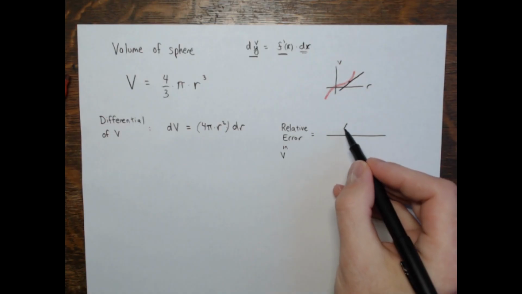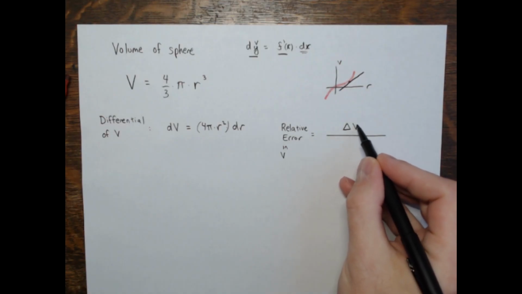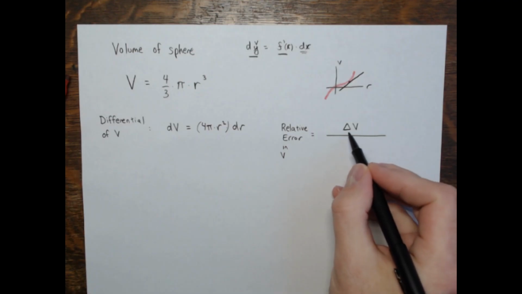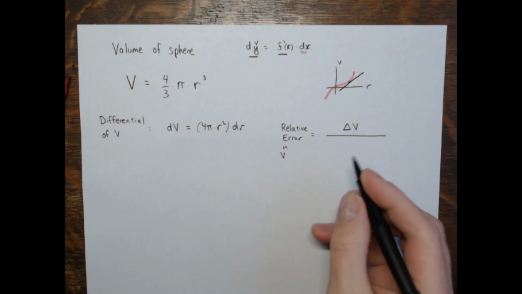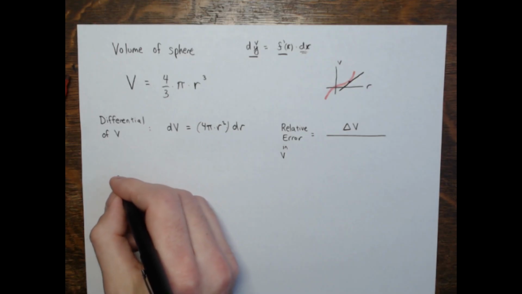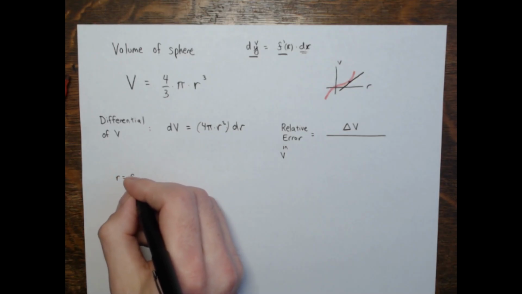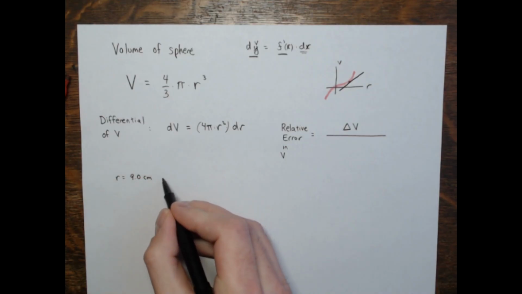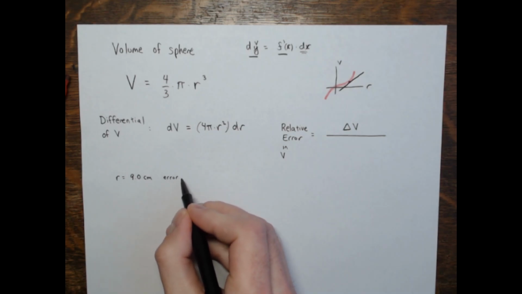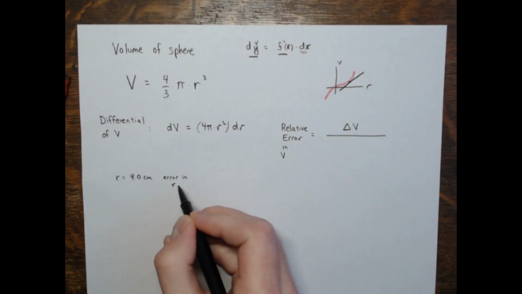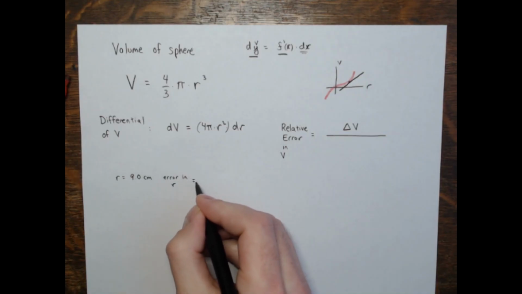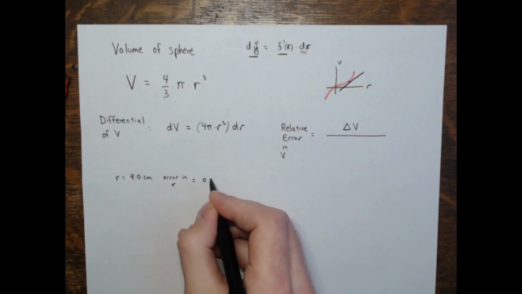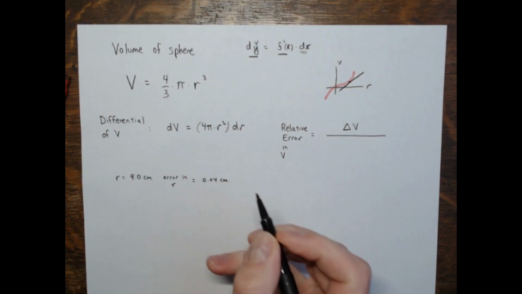And normally we would calculate the actual change in V, the delta V, how much did the volume change? They said that the radius was measured as 9.0 centimeters with a possible error, so the error in r of no more than 0.04 centimeters.